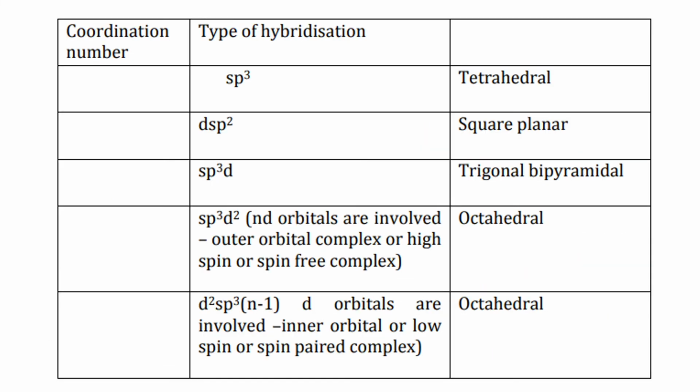And this is some other example where you can see that generally sp3 has a tetrahedral geometry, dsp2 has a square planar, sp3d has a triangular bipyramidal.